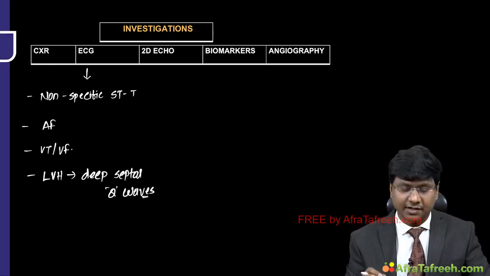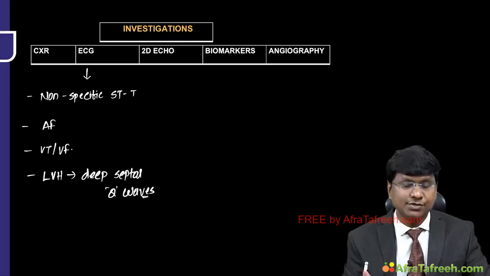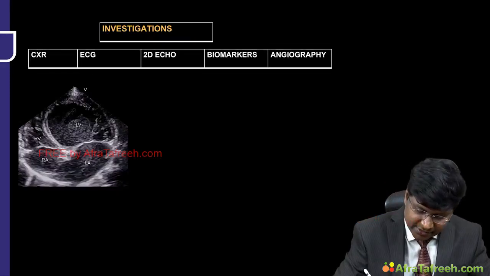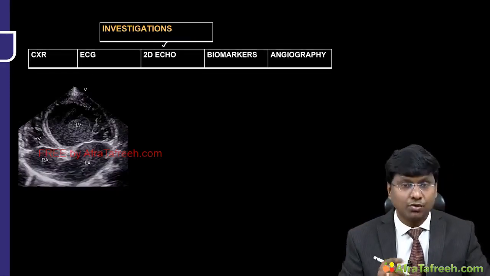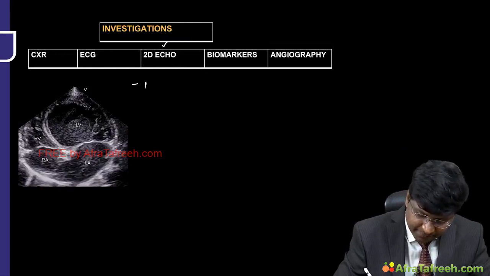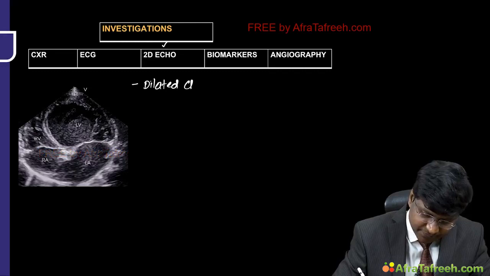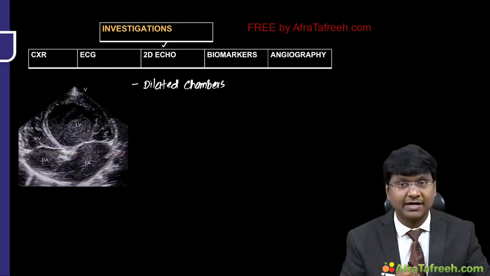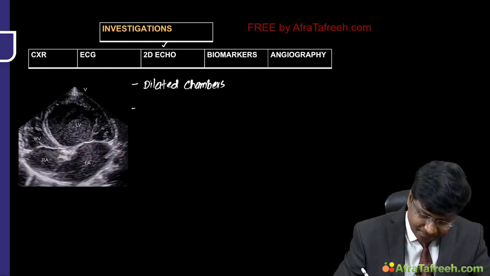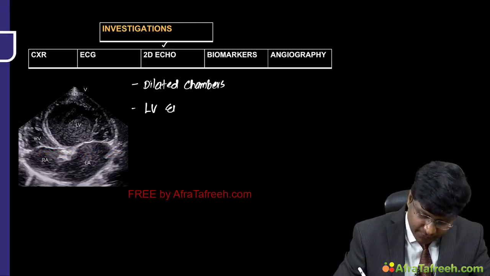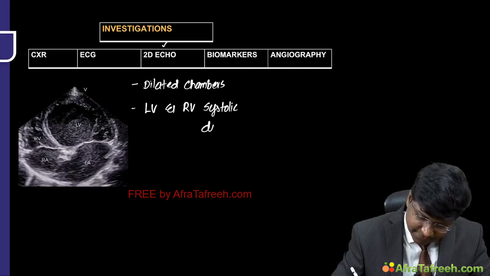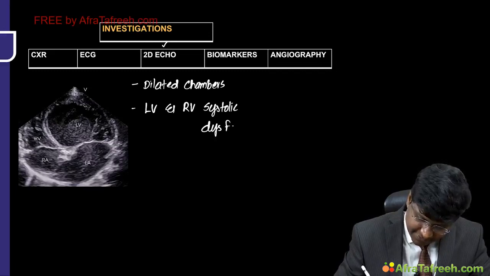A very, very important first line investigation for the diagnosis of dilated cardiomyopathy is the 2D echo. So what all will you observe? Number one, you will observe the presence of dilated chambers. Almost all the chambers are dilated. That is one important thing. Next, you will also notice both LV and RV systolic dysfunction, right?